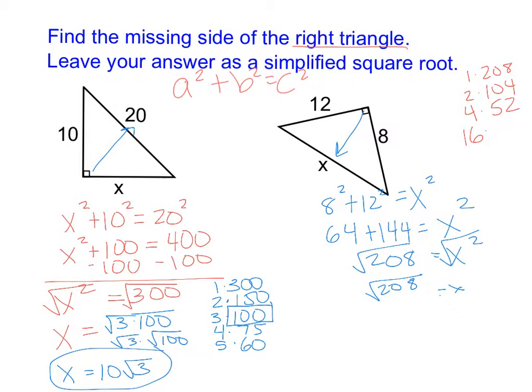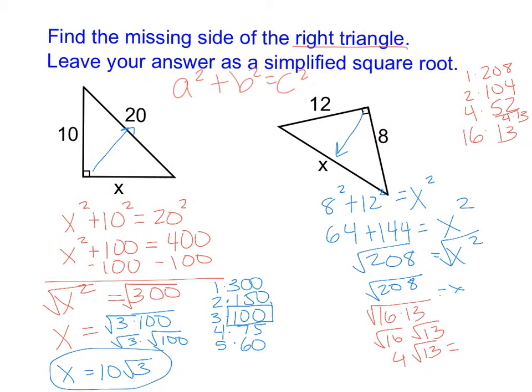If you do 208 divided by 16, it's 16 times 13. So it's the square root of 16 times 13. Square root of 16, square root of 13, 4 root 13.